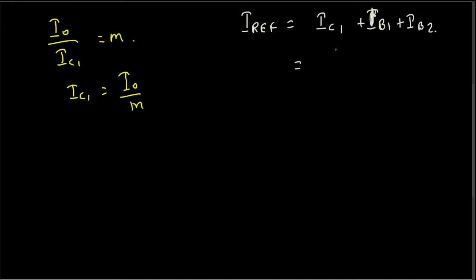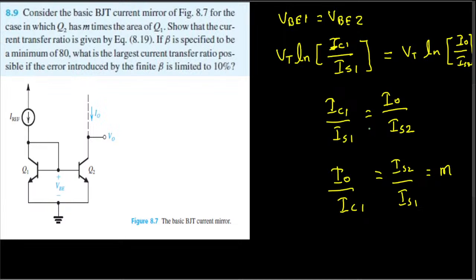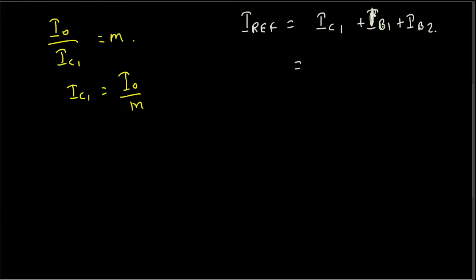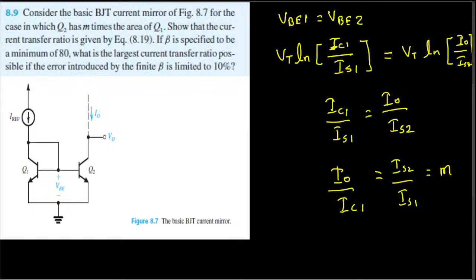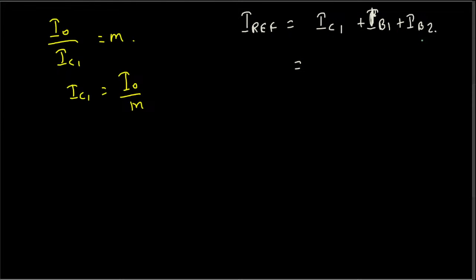We can write each base current in terms of the collector current: for this one IC1, for this one I0, divided by beta gives the base current. So we can use that instead of IB1 and IB2.